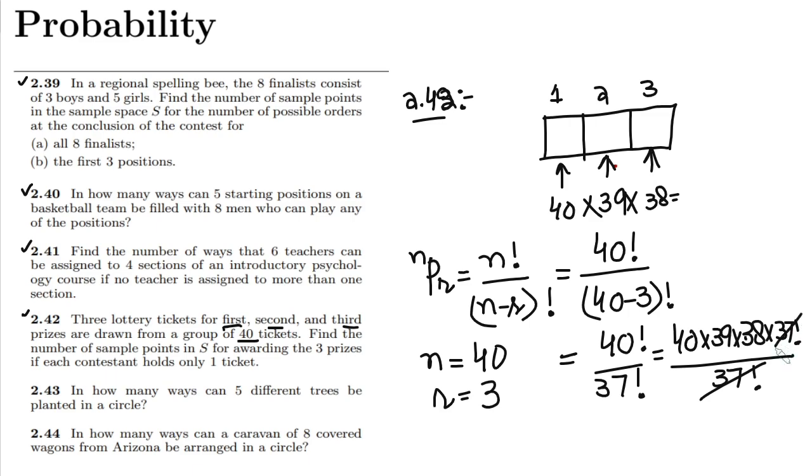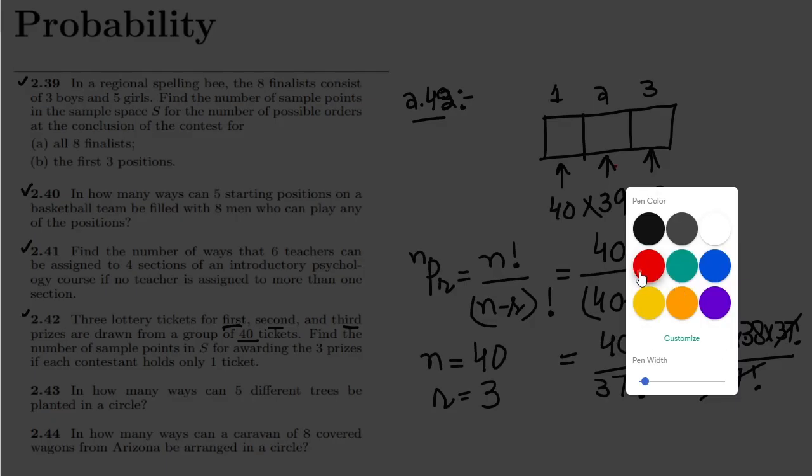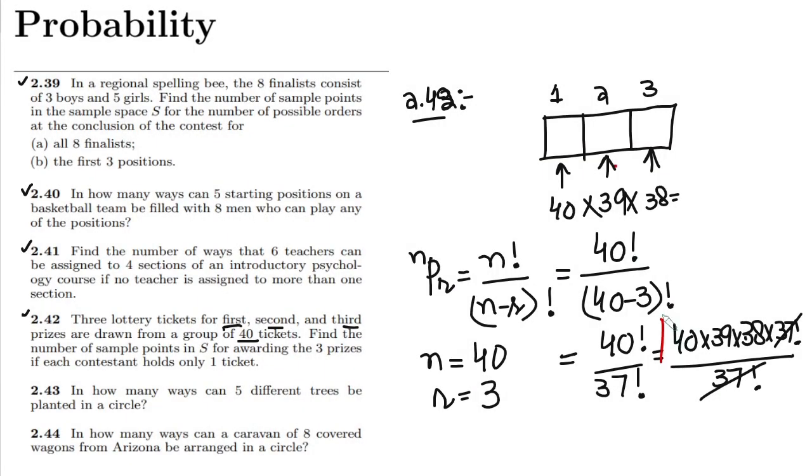We will see that these two will cancel out, and at the end the answer will be 40 multiplied by 39 multiplied by 38, which is similar to this one. So these two answers coincide with each other, and that is the answer of question 2.42. That is the solution which I hope you have understood.